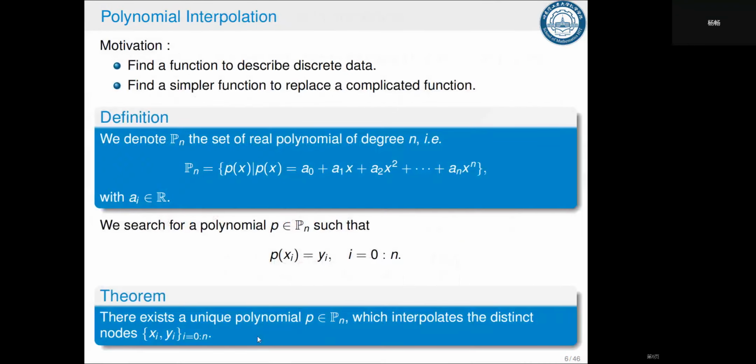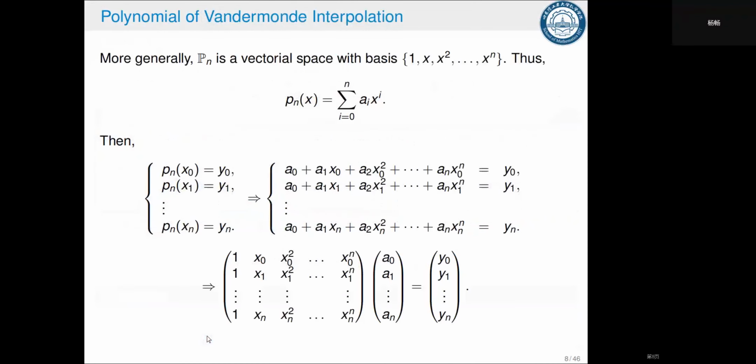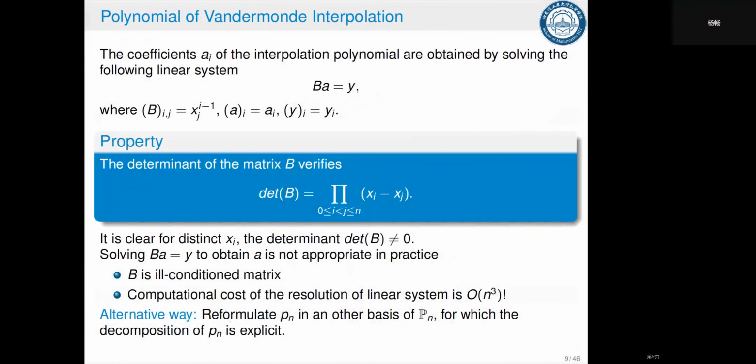That means the consequence of the theorem is true: since our nodes here are distinct, we can find a unique polynomial P which interpolates these nodes. Clear? So this is the consequence. The theorem guarantees that such a polynomial of degree n exists and is unique.